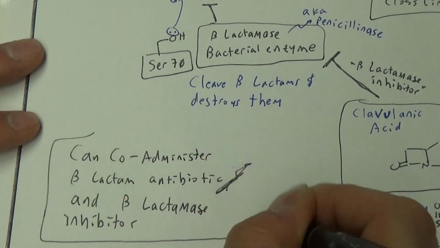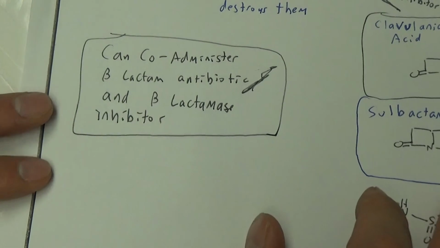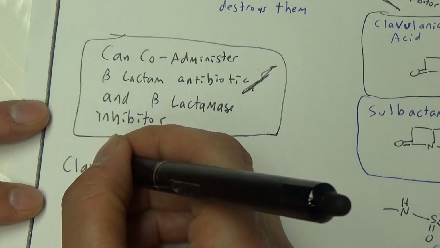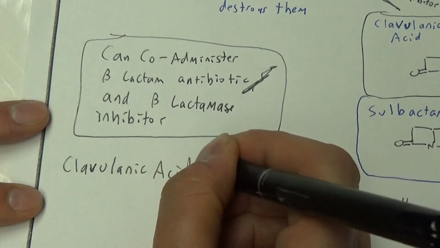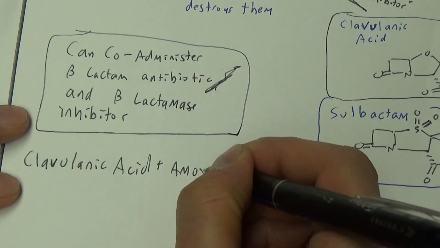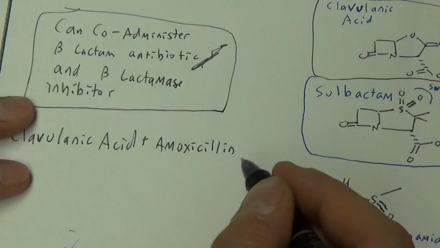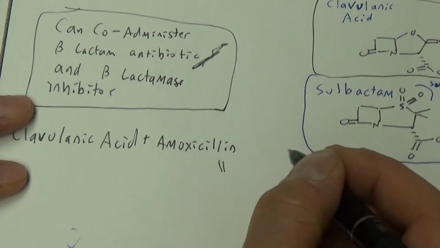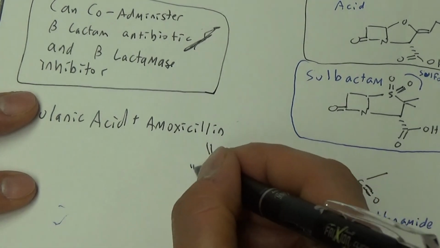And a couple of the formulations: clavulanic acid plus amoxicillin, which I think is a penicillin derivative, mostly from the name. I don't have the structure in front of me. That is equal to something called Augmentin.